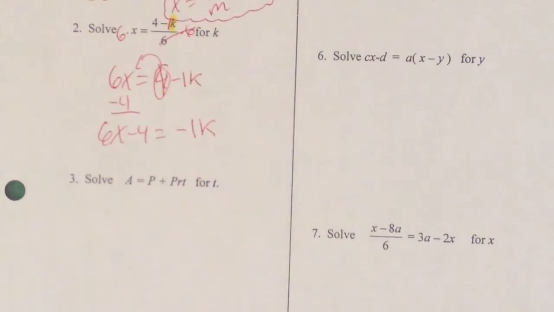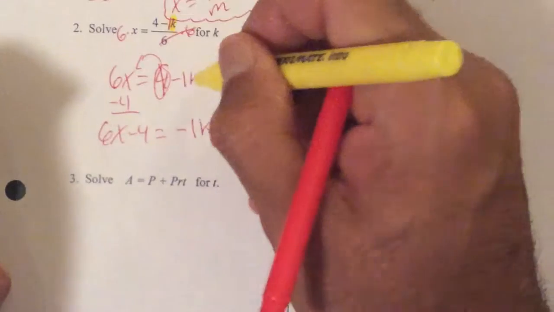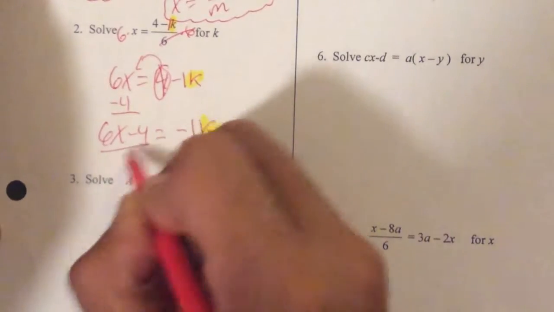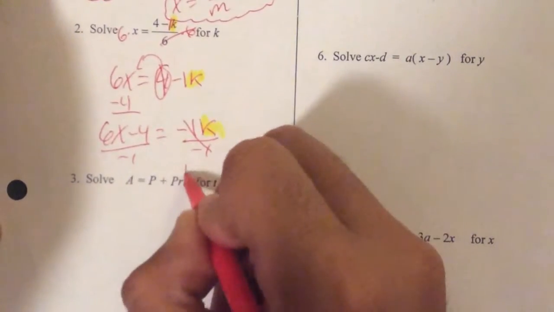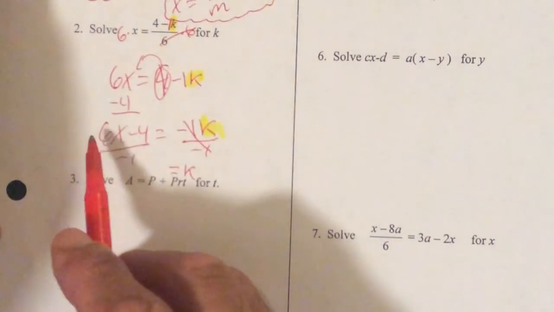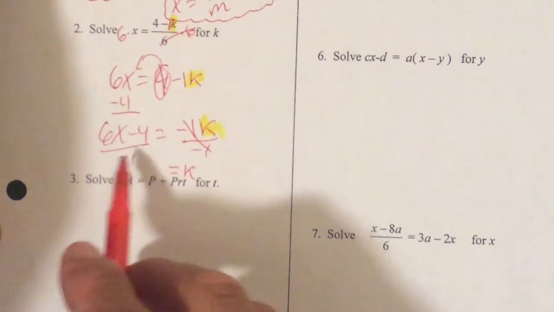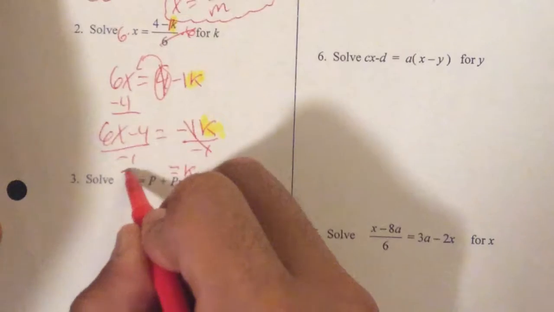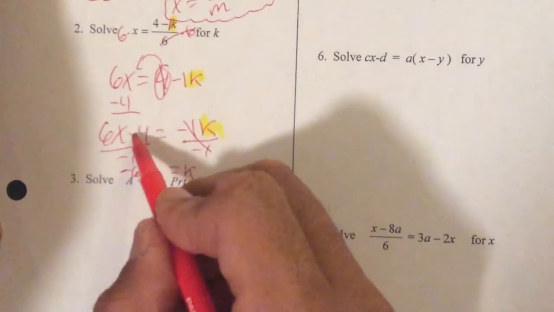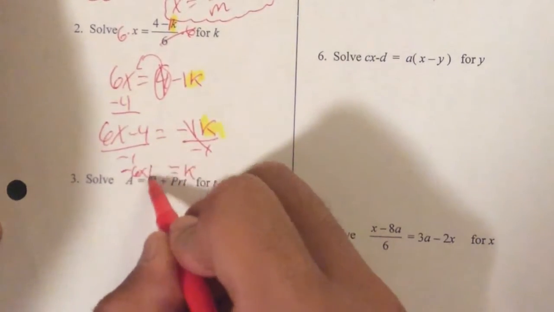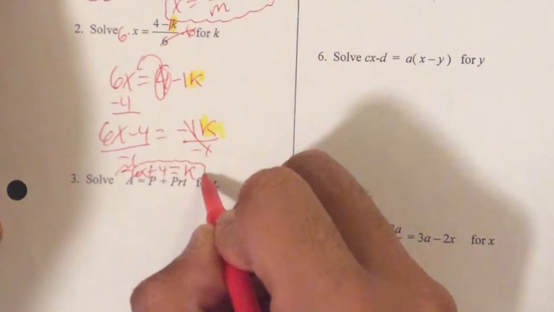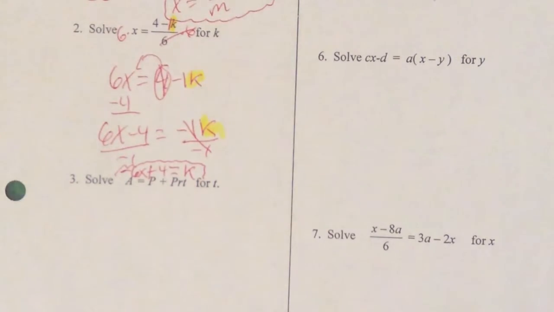Now the last thing you need to do is move the number that's right beside the k, which in this case is negative 1k. So k equals, now of course it's a negative 1, so you can just simplify. So 6 divided by negative 1 is negative 6x. Negative 4 divided by negative 1 is positive 4. So there will be your result. Negative 6x plus 4 equals k.